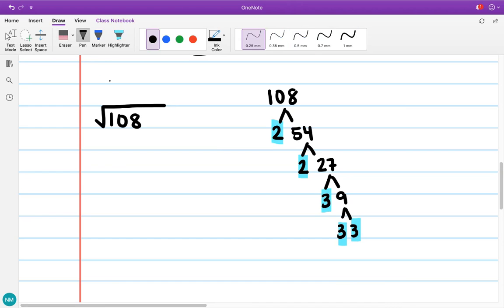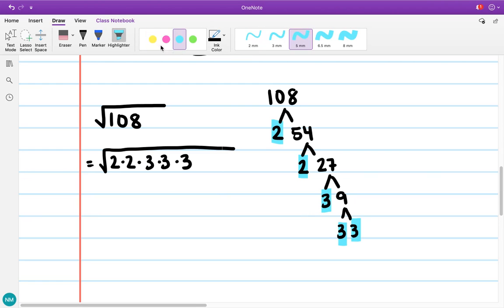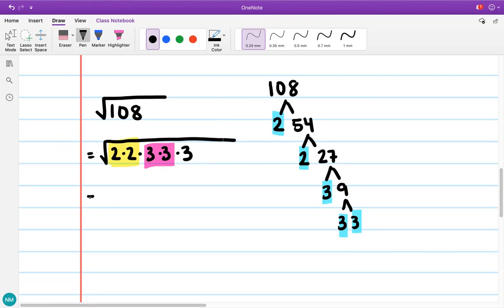So I can rewrite, and this is where this method gets a little bit tedious, when you have a lot of prime factors. So I have 2 times 2, always write them in order, times 3 times 3 times 3. So now I'm going to take out not only a pair of 2s, but also a pair of 3s. So the 2s come out as a 2.